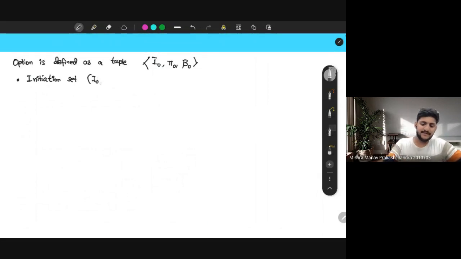It is the set of states where the option can be initiated.